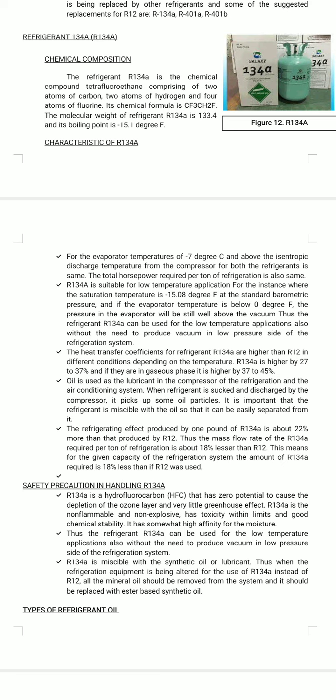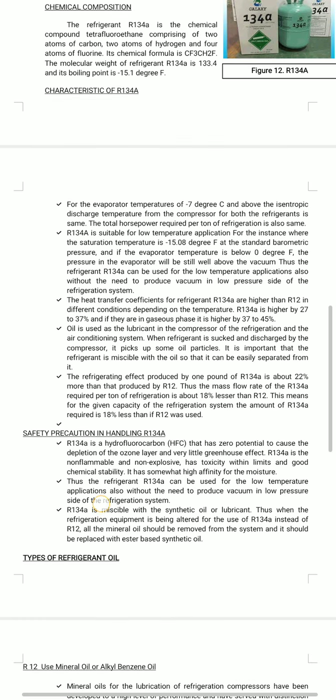Its chemical formula is CF3CH2F. The molecular weight of refrigerant R134A is 133.4 and its boiling point is negative 15.1 degrees Fahrenheit.